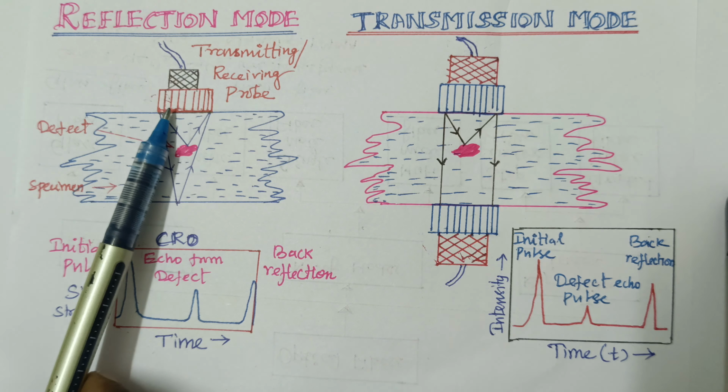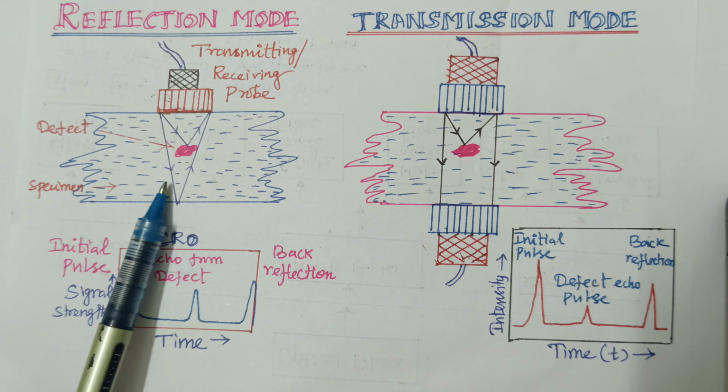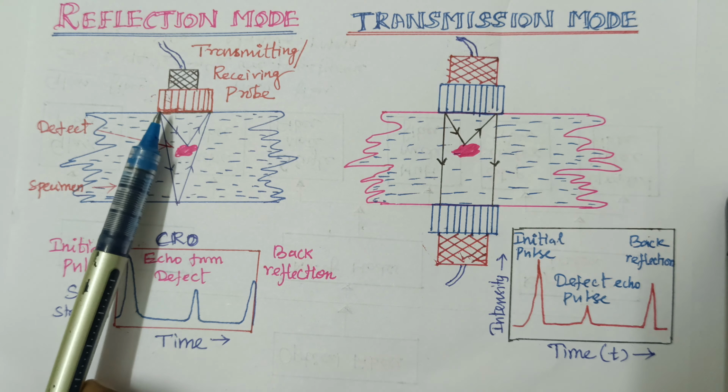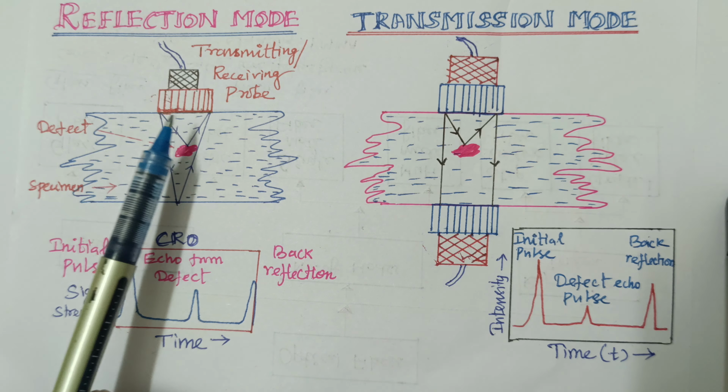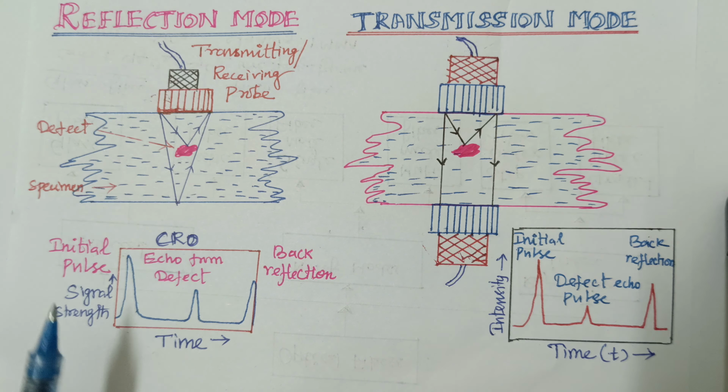The transmitted probe transmits the ultrasonic pulse into the sample. The first pulse falls on the surface of the sample, which exhibits the signal on the left side of the CRO, that is the full strength signal.